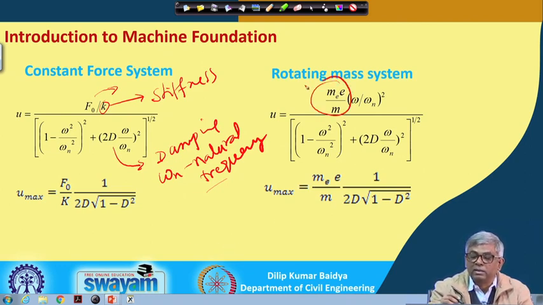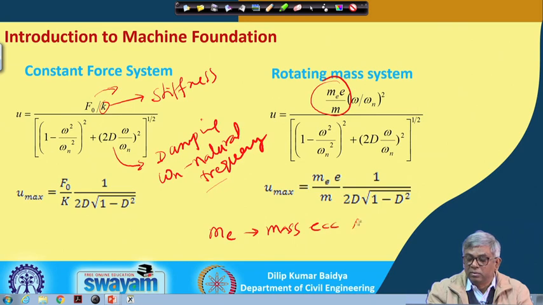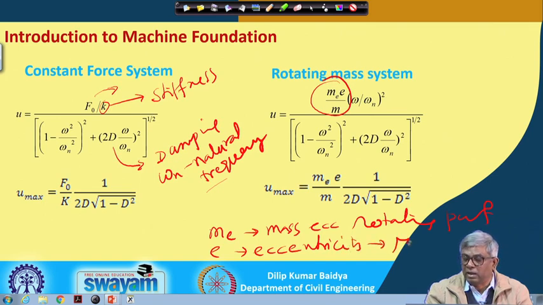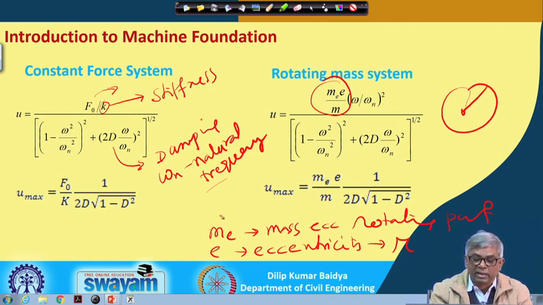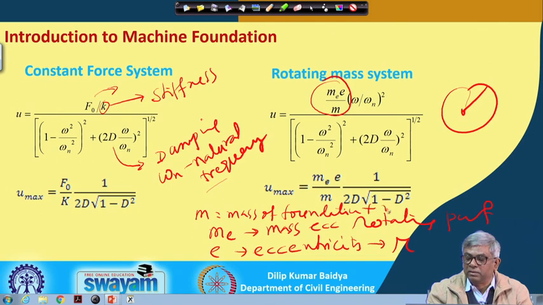Additionally, there are 3 terms. So, m into E, that is the mass of the eccentric rotating part, and E is the eccentricity, sometimes it is r, the radius along which it is rotating, and capital M is the mass of foundation plus machine.